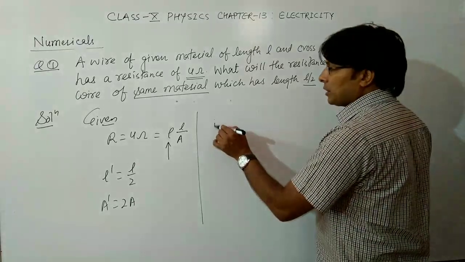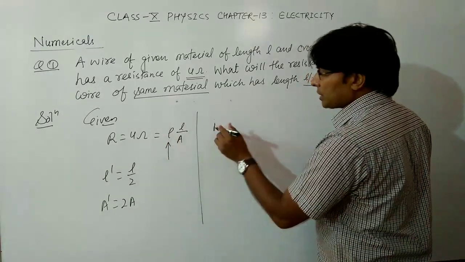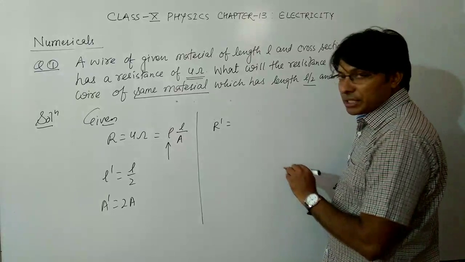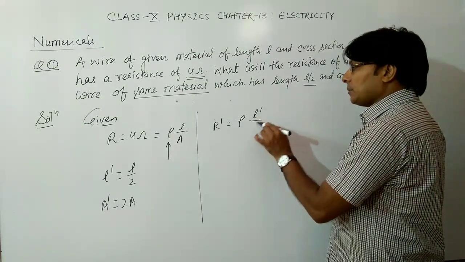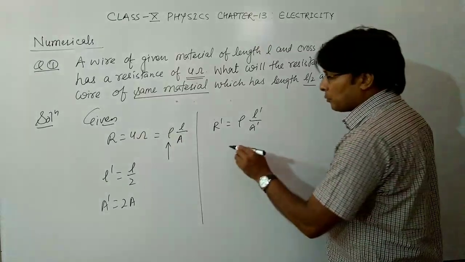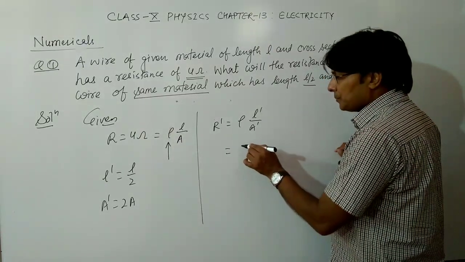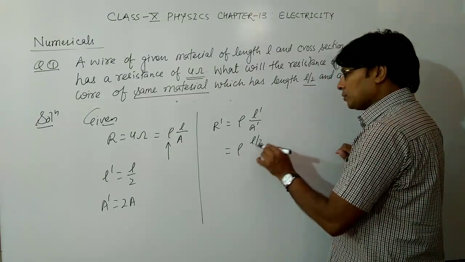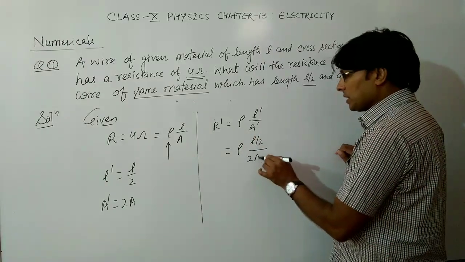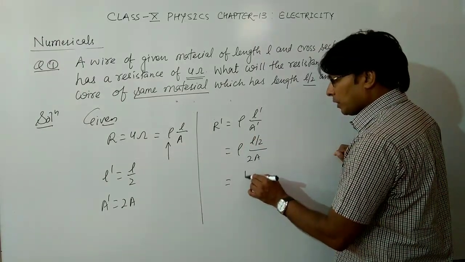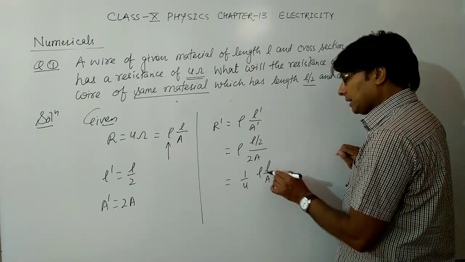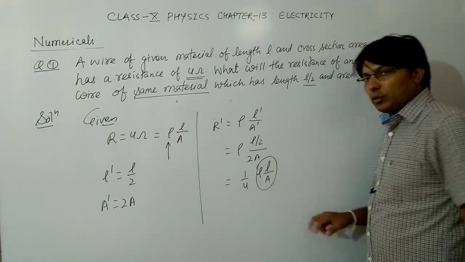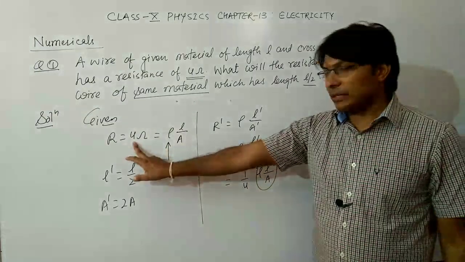Now we can use the same formula once again. R dash, the new resistance, will be rho, which will remain as it is, times L dash upon A dash. Now we put the value of L dash as L by 2 and A dash as 2A. So it becomes 1 by 4 rho L upon A. And we know that the value of rho L upon A is given as 4 ohm.